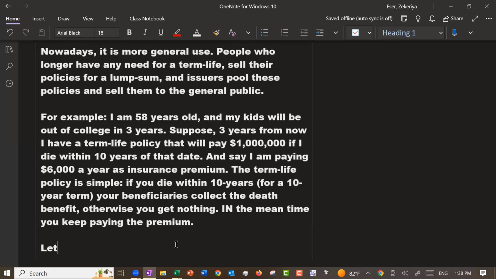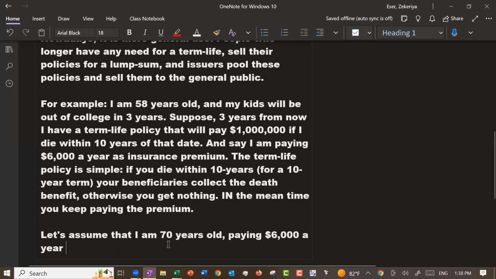Let's make it simple, since I already have the numbers. Let's assume that I am 70 years old, paying $6,000 a year for a 10-year term life policy.